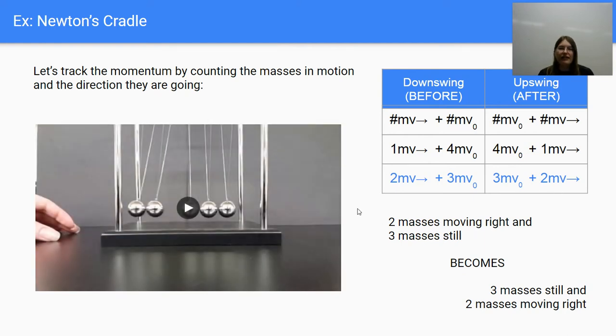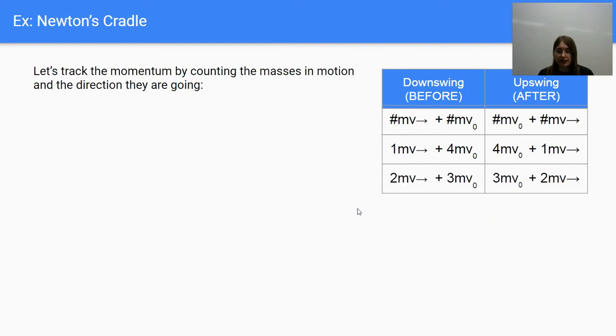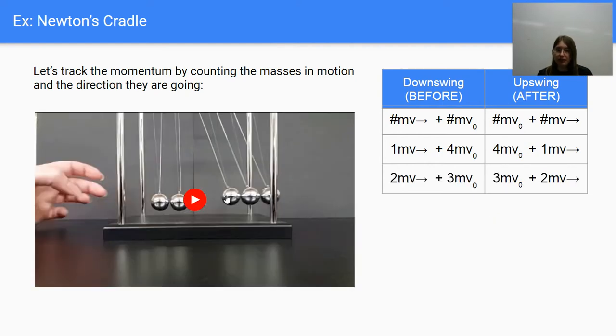Okay, let's try another one. That was 1 and then 2. Let's release 3. Can you predict what's going to happen if 3 are let go? What happens to the middle ball if 3 are let go?